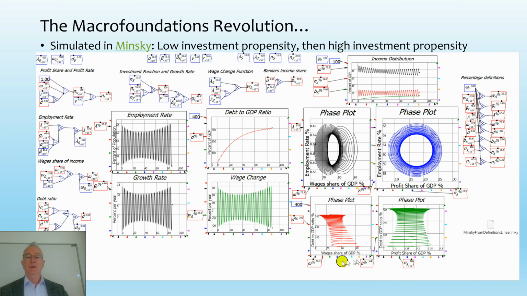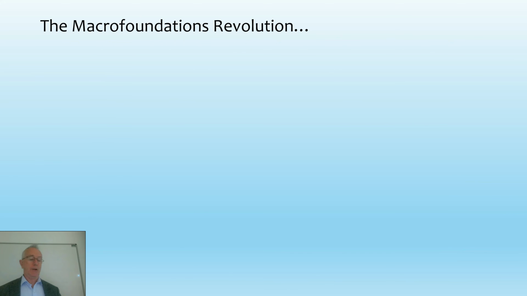But for the wages share of GDP against the debt ratio, as the debt ratio rises, wages share falls. Now that is what's called an emergent property of the model. That's not built into the model at all. I didn't assume that would happen. It happens because of the dynamics of the model, which I can explain. It took me a while to work out what was going on. But that's what we saw: rising inequality.